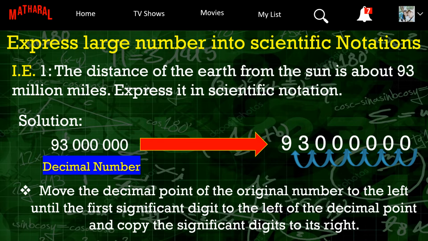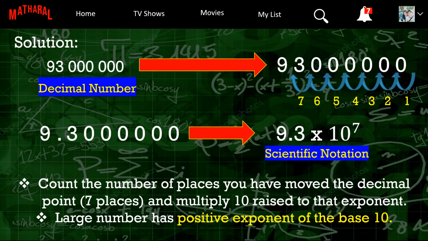And then the second part na gagawin po natin ay ito. In here, we copy. Kung mapapansin niyo po yung movement ng point, nag-fall po siya sa pagitan ng first significant digit at ng second significant digit, between 9 and 3. At kung mapapansin nyo, nakapagbilang tayo ng decimal point movement ng 1, 2, 3, 4, 5, 6 hanggang 7.